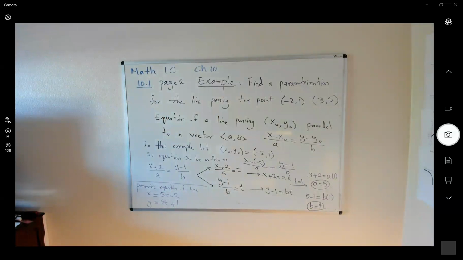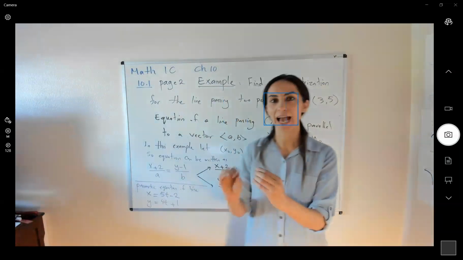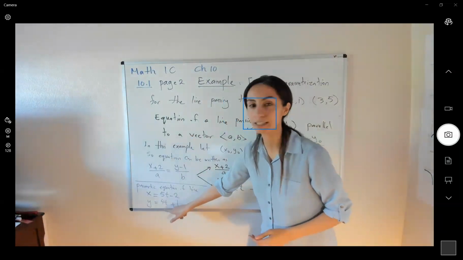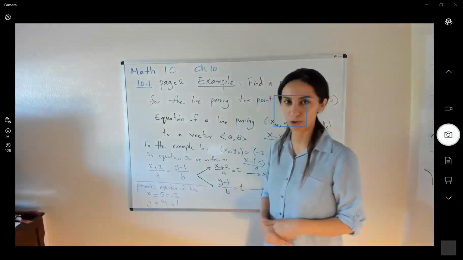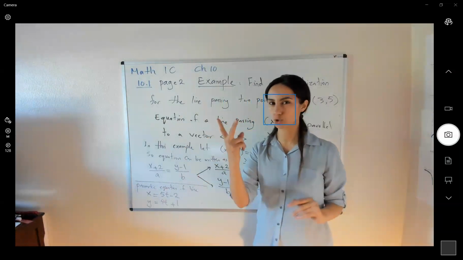Make sense for everyone? Yes. So when we're talking about parametric equations, it means that we are adding a new parameter, which in this case is t, to your original equation. Your original equation has only x and y, just two variables.